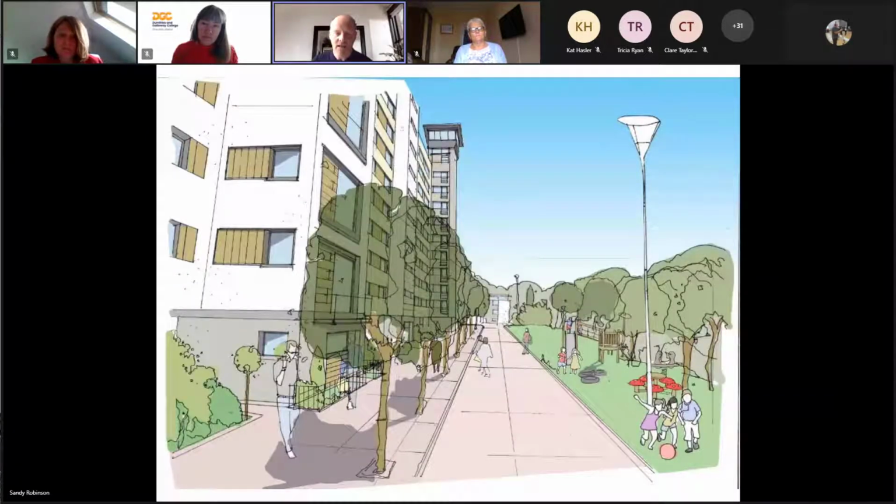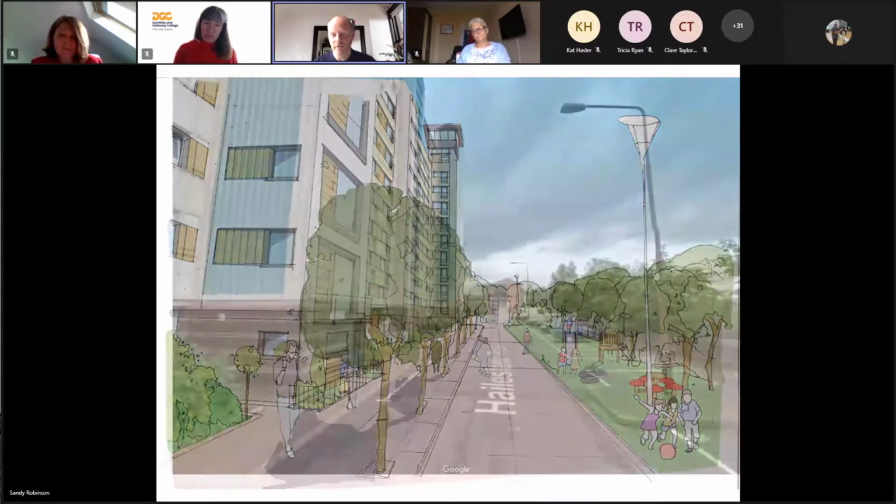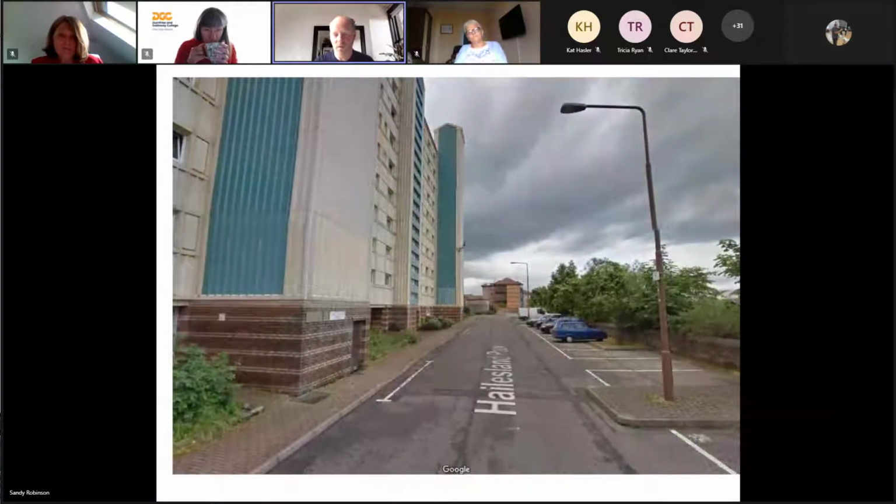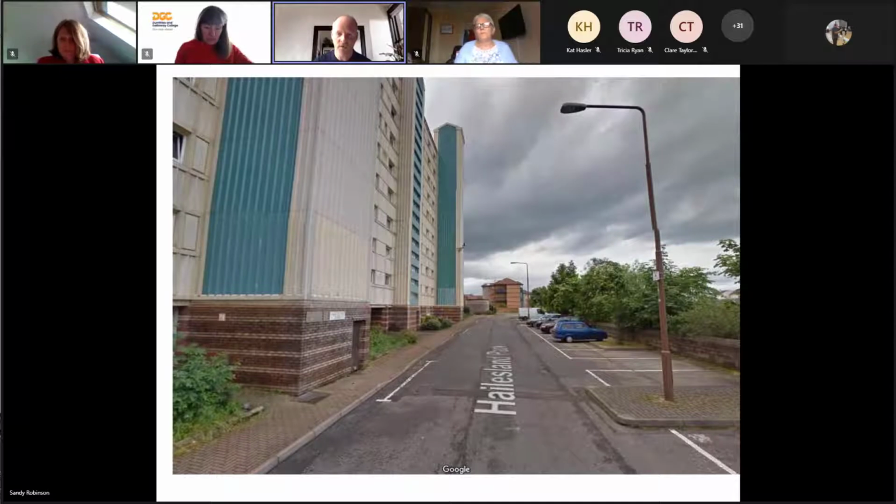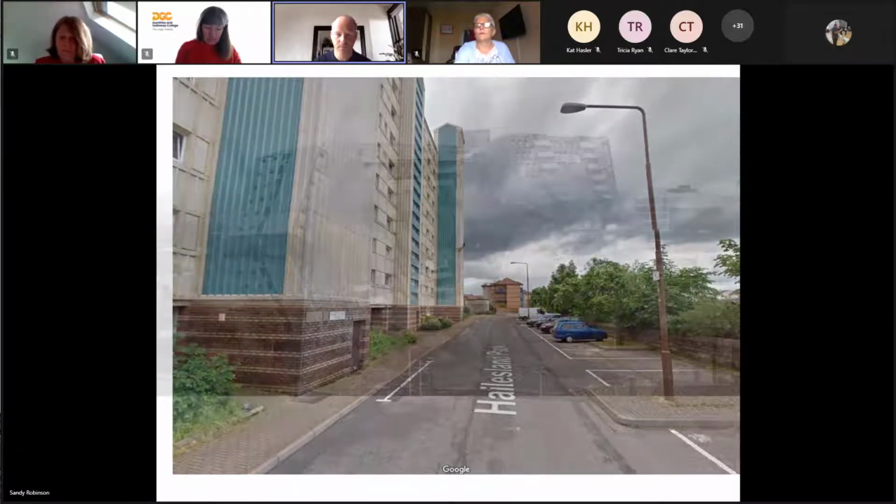Even as an architect, I previously used to design places with a certain image in mind of how they would be delivered and how they would be inhabited. But the former chief planner, Jim McKinnon, was always very good at saying there's a very small distinction between a vision for a place and a hallucination. So we're very aware that the implementation of a vision for a place can be very vulnerable to social change.